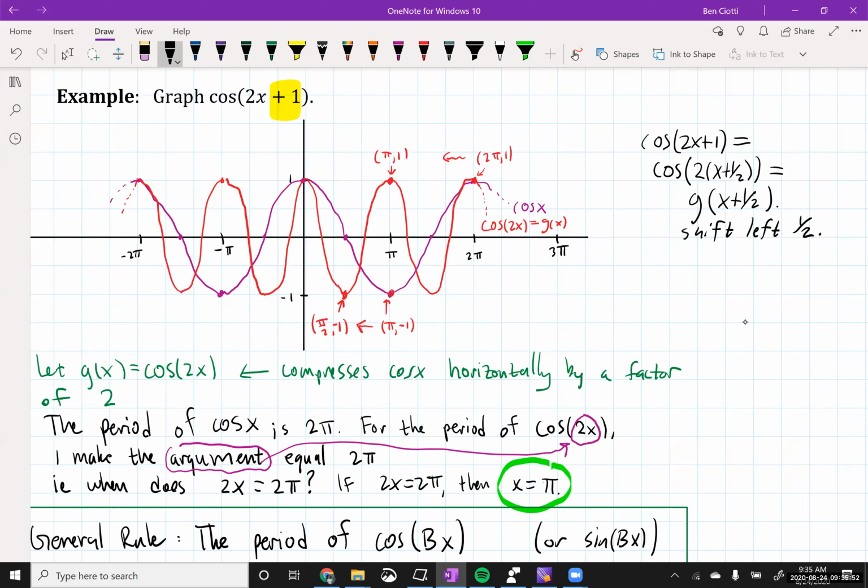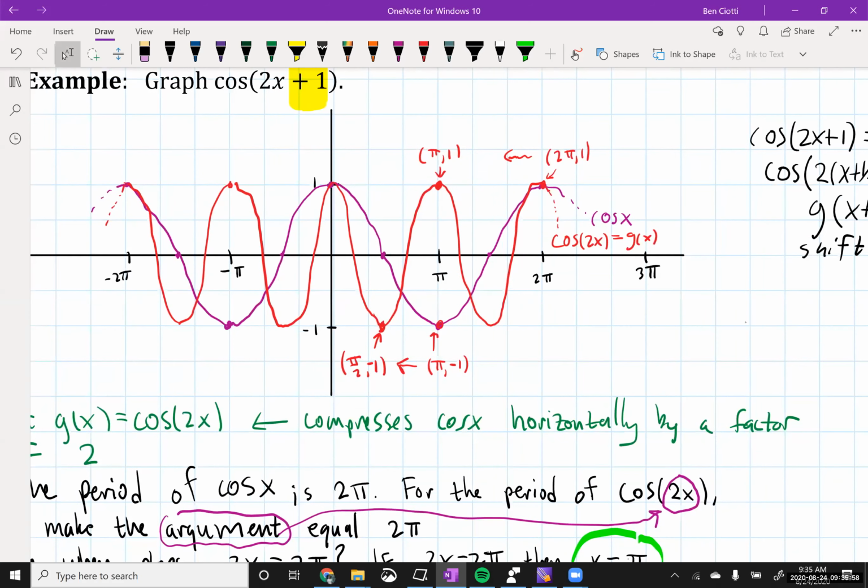Okay. So now let's just take every known point on the graph and move it left by 1/2 unit. So, for example, (0, 1) gets moved to (-1/2, 1). Or (negative pi, 1) gets moved to (negative pi minus 1/2, 1). Right, just everything gets moved back a half.